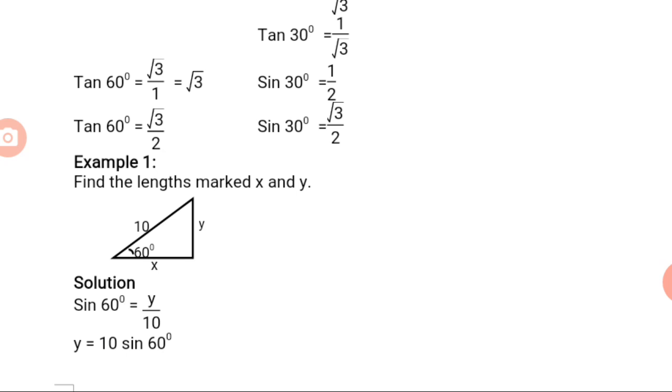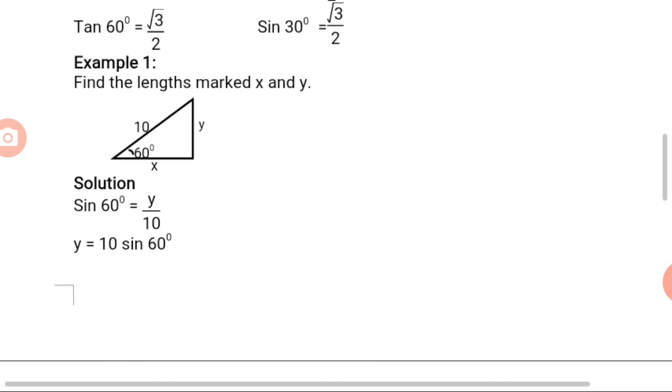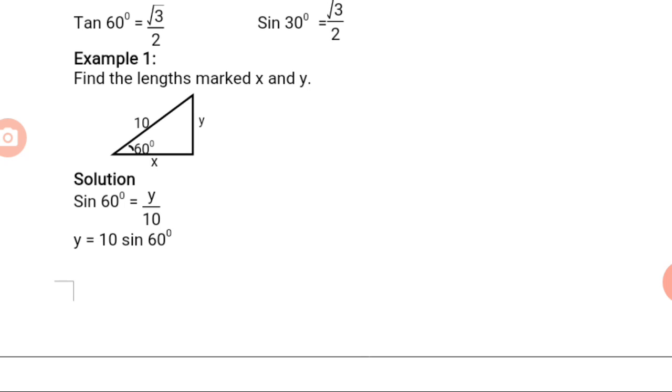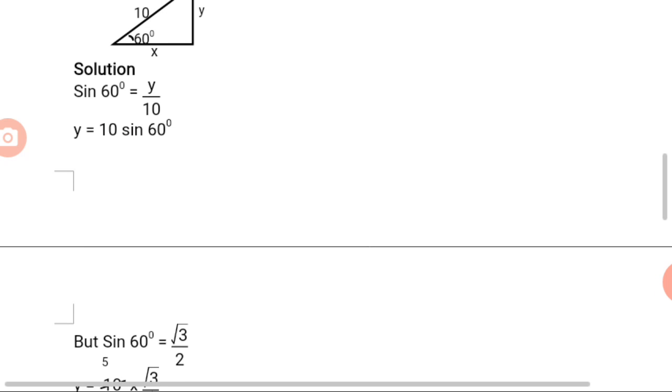When we use sine, sine is opposite over hypotenuse. The side that is opposite to angle 60 degrees is y, and the hypotenuse is 10. Therefore, sine 60 degrees is y all over 10. So y is equal to 10 sine 60 degrees.